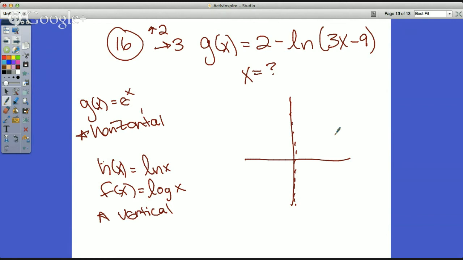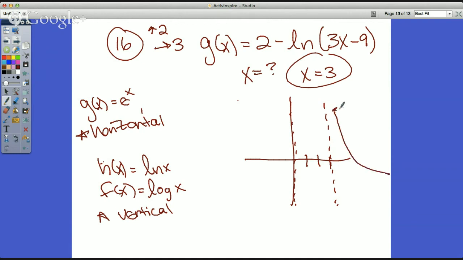Good. So if I transformed this over, x equals 3 would be my new vertical asymptote. The graph would approach 3 but not cross it at the vertical asymptote at x equals 3.